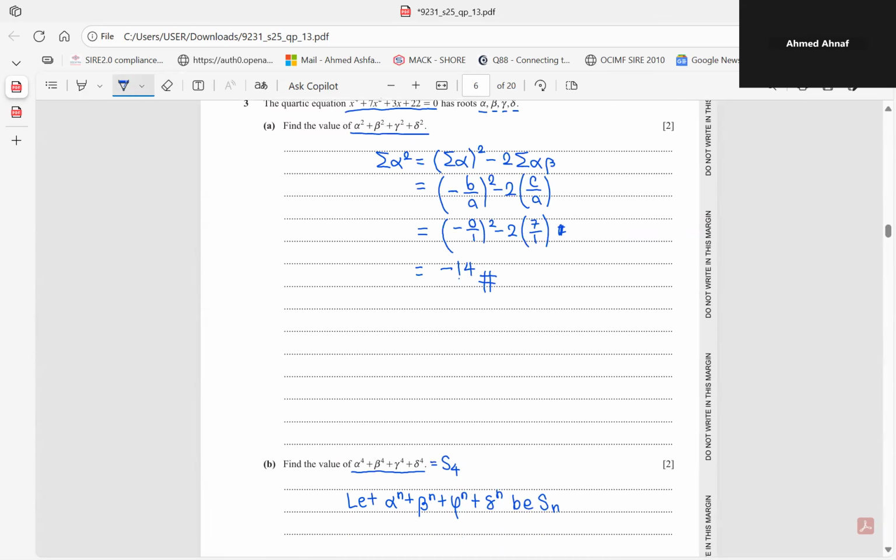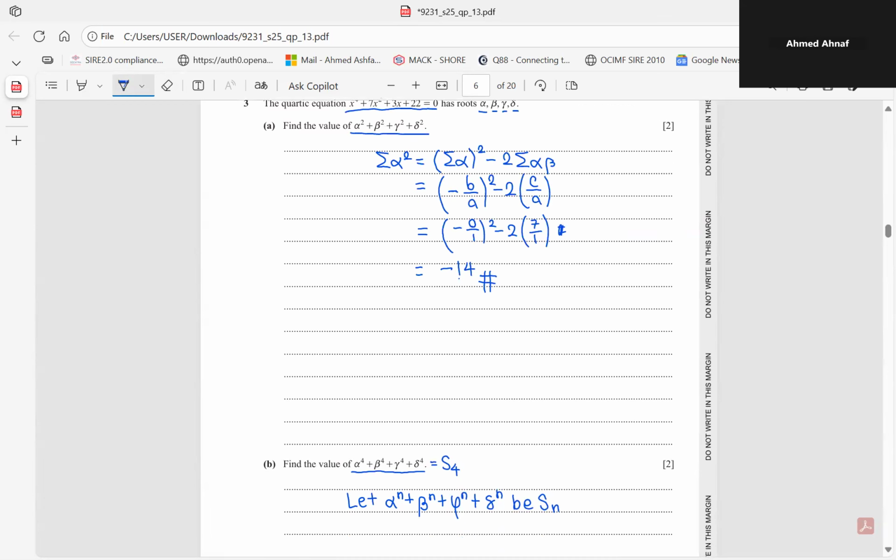So we're going to substitute this into our original quartic equation. So x to the power 4 will be S4, then plus x squared would similarly be 7S2, and then x would just be S1, so plus 3S1, and then plus 22 S0 all equals to 0. Now this would be S4 plus 7 S2, which we found in our previous part is minus 14, plus 3 S1.